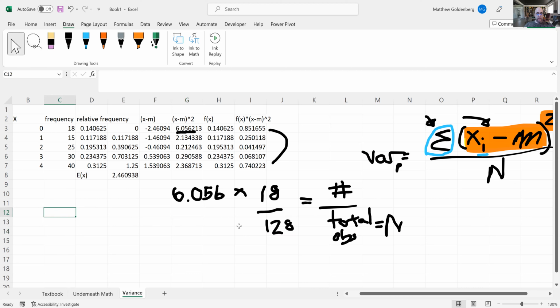Each of these becomes some number that represents the total deviance of that outcome, across 18 times, over n, which is the total number of observations.